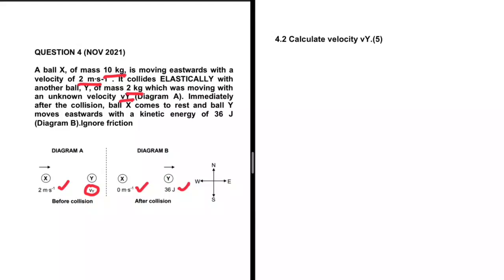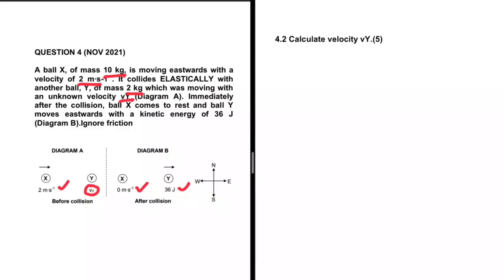Based on the variables we have here, there are two ways I'm thinking of that we can use to find Vy. We can use the fact that the sum of the kinetic energy before the collision will be equal to the sum of the kinetic energy after the collision, because the collision is elastic.